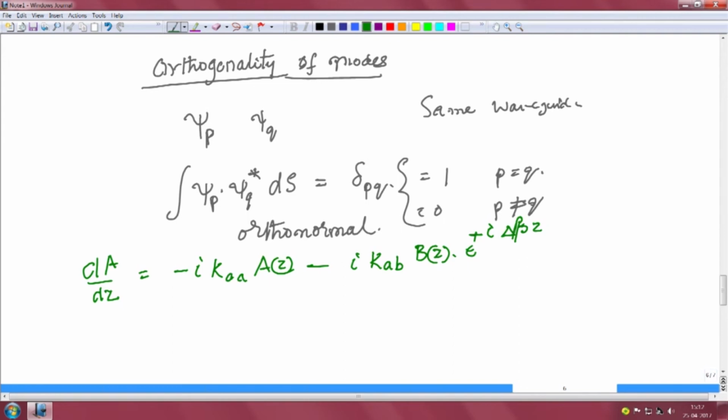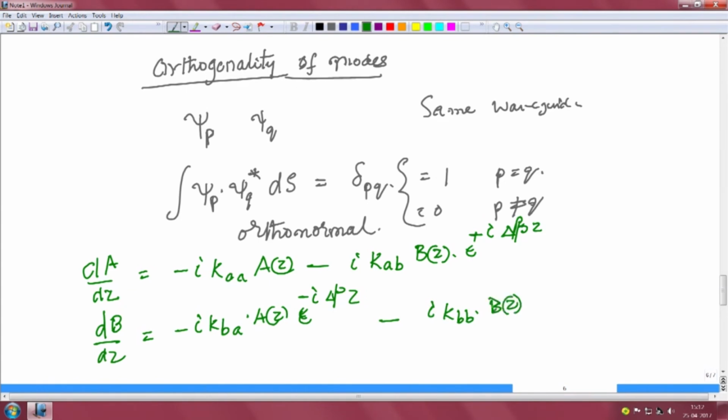So, of course let me write the second equation also and then we will interpret what these factors are. For the variation of B, dB by dz will be given by minus I kBA into A of z into e power minus I delta beta into z, minus I kBB into B of z.